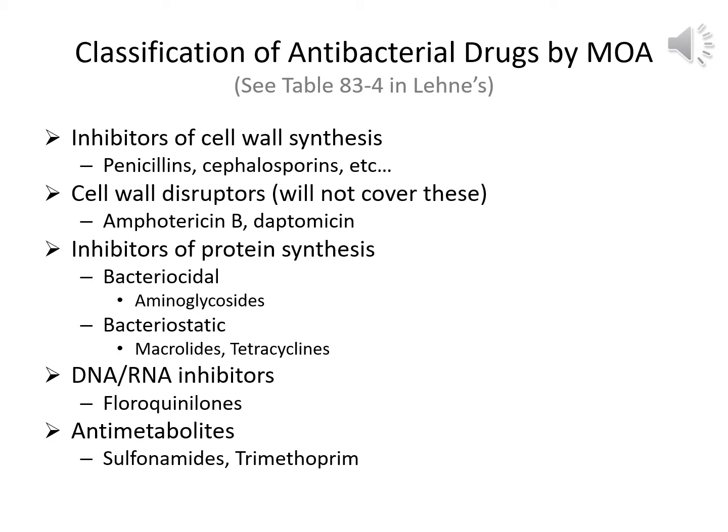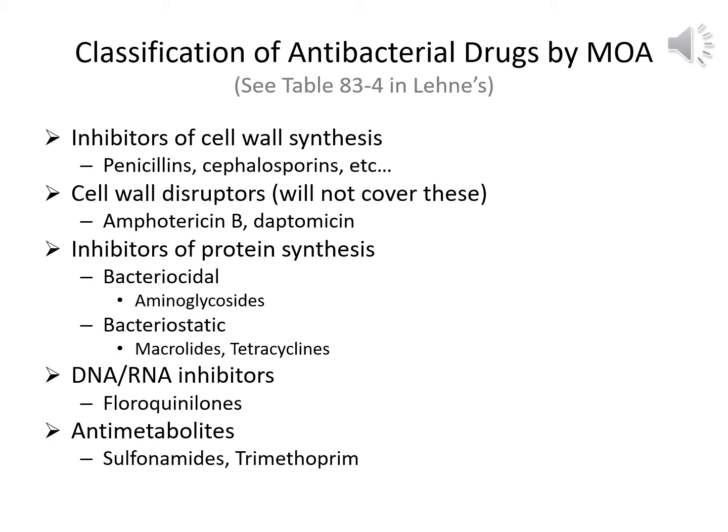A very common category is inhibitors of protein synthesis, and there are different mechanisms by which these antibiotics inhibit protein synthesis. Some of them are going to be bactericidal. Going back to the first two categories, the inhibitors of cell wall synthesis and cell wall disruptors are definitely bactericidal, right? They're going to kill the organism.